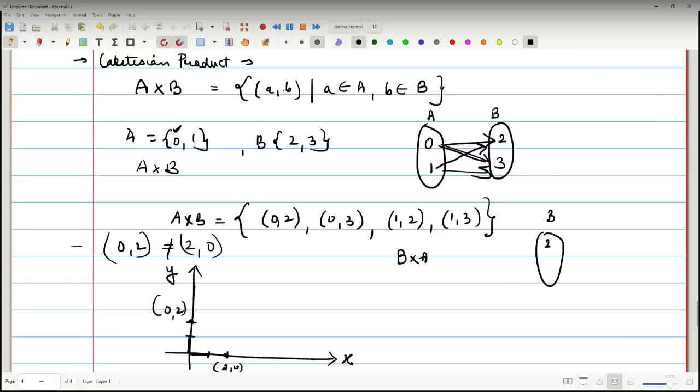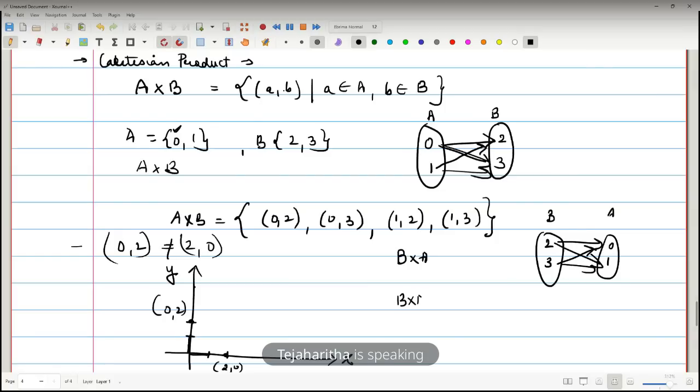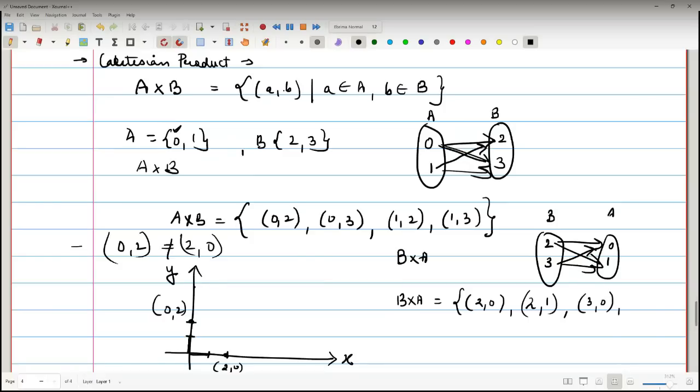Your B will come first, 2, 3, and your A will come second, 0, 1. Then it will be (2, 0) and (2, 1), and (3, 0) and (3, 1). So B cross A will be (2, 0), (2, 1), (3, 0) and (3, 1).